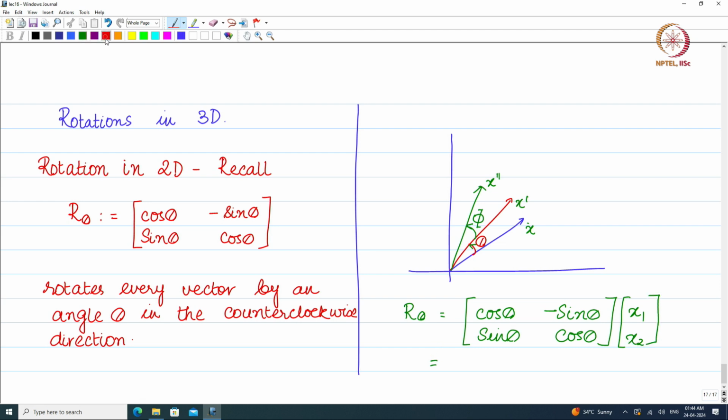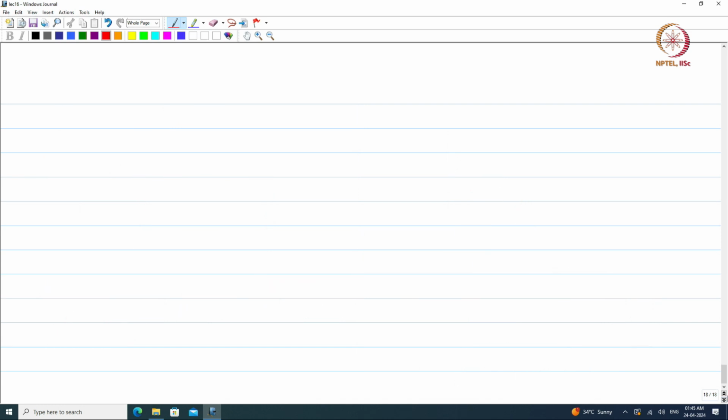That gave me x1 cos theta minus x2 sin theta, and x1 sin theta plus x2 cos theta. This vector is equal to the x prime vector. Now from x prime we want to go to x double prime, by rotating this vector x prime by another angle phi. So let us see what happens to that.